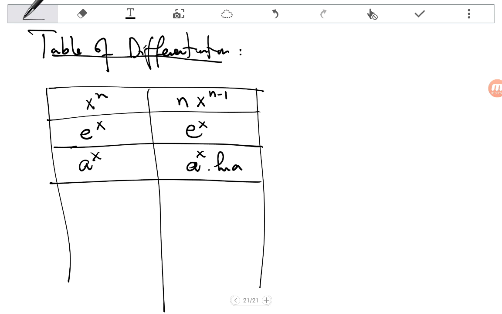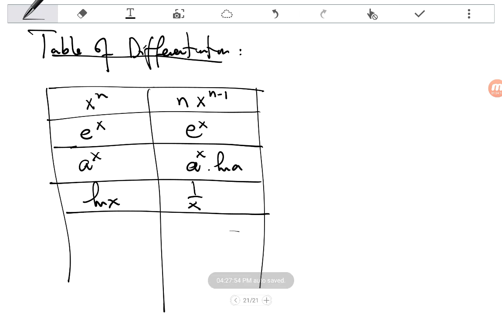Now let's take ln. What is the derivative of ln x? It will be 1 over x. This is to be memorized.